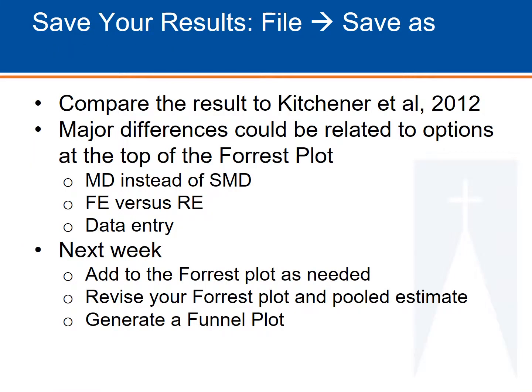Okay, so hopefully you have gotten through to the end and you have results from Kitchener et al. that you can compare directly to that article and to my results. Any major differences could be related to options at the top of the Forest plot. So if you check your results to mine and they're identical, then you're fine.